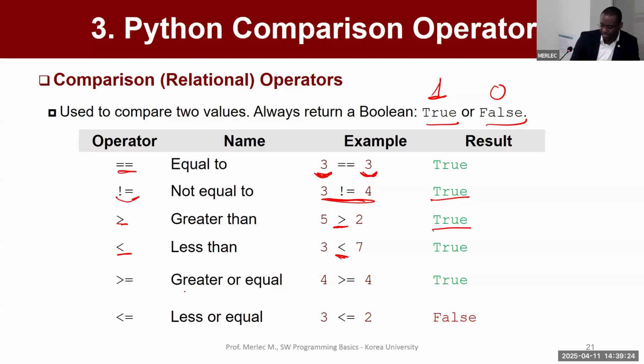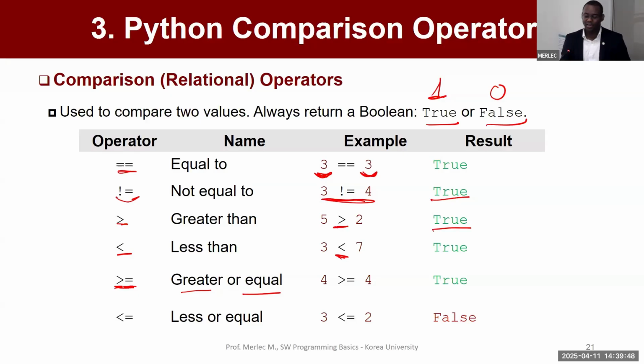If you want to check greater or equal, you use the combination of the greater than and equal signs. Do not confuse these with the unary operators, okay? The unary operators are applied only for arithmetic operators: plus, minus, division, multiplication, and so forth.